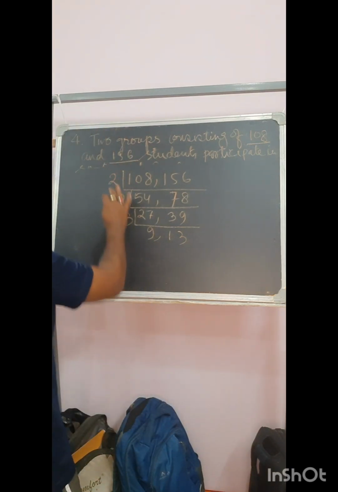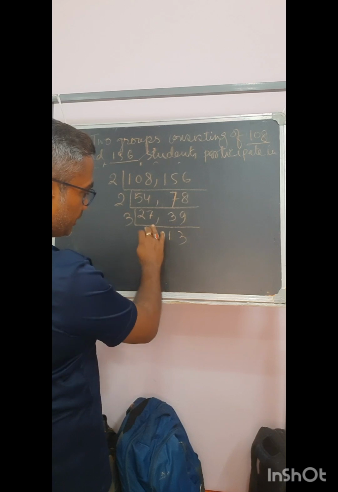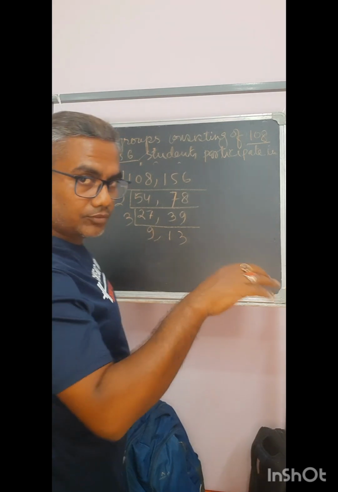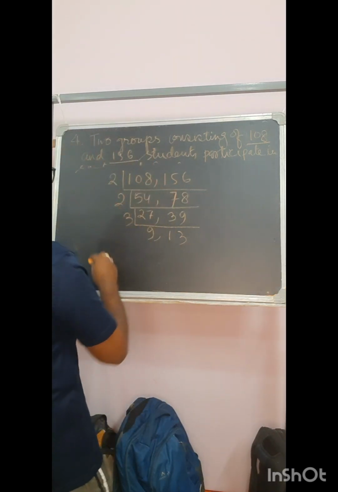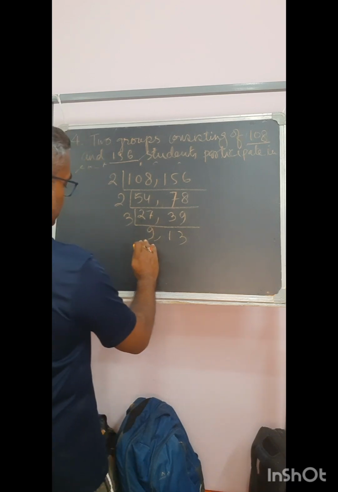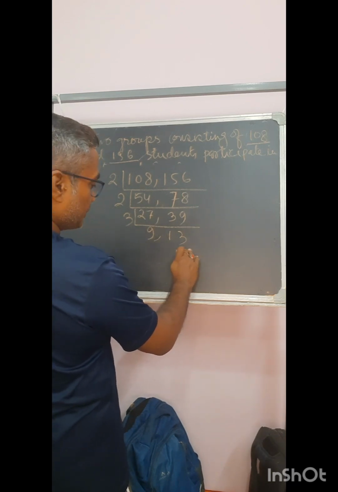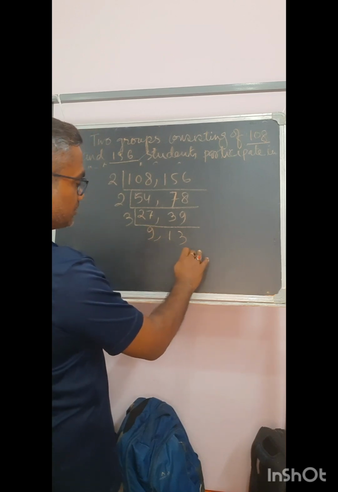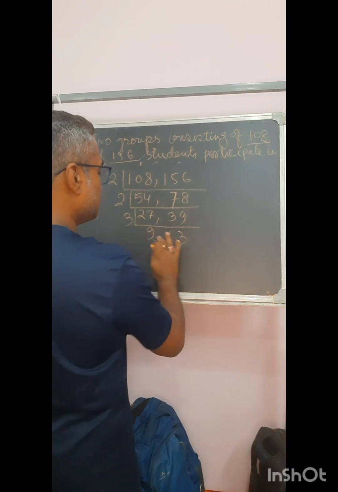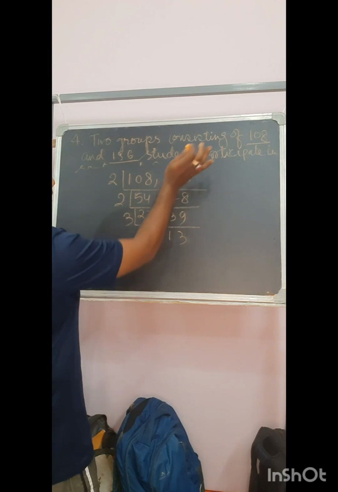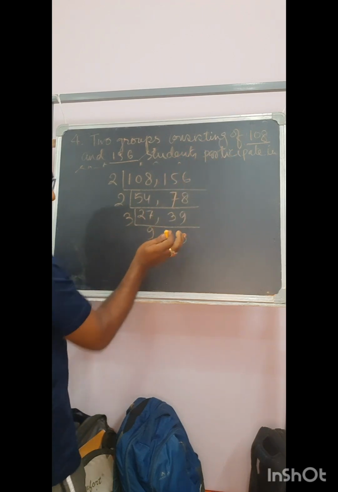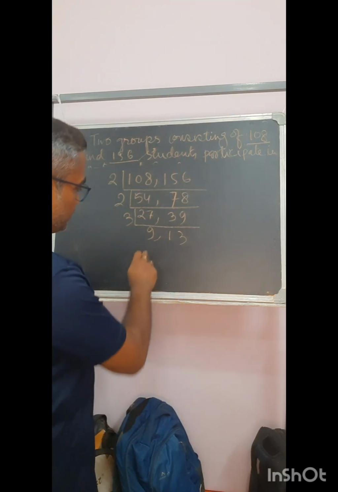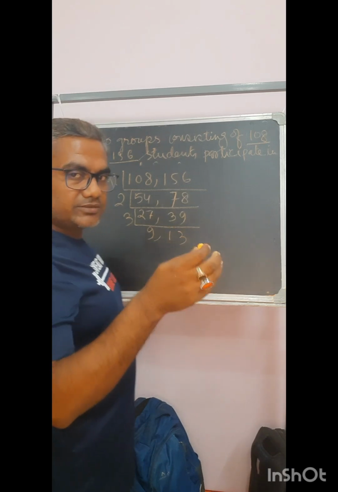If it were an LCM, then I might have continued till I get 1 at the bottom. But it is HCF. For HCF, I have to continue till I get no common divisor of these two. But in LCM it is nothing like that.